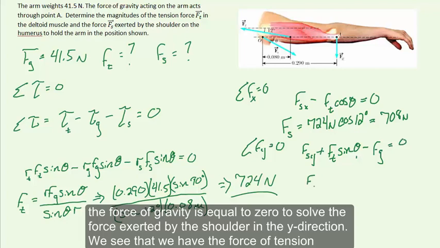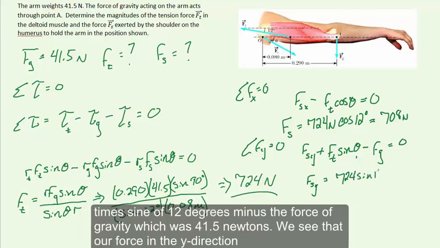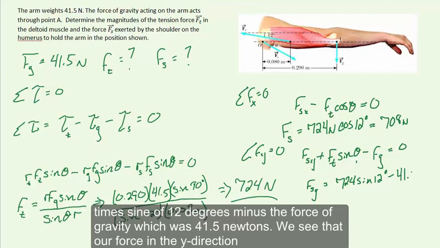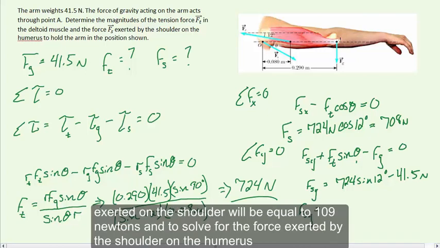To solve for the force exerted by the shoulder in the y direction, we have the force of tension times sine of 12 degrees minus the force of gravity, which was 41.5 newtons. We see that our force in the y direction exerted on the shoulder will be equal to 109 newtons.